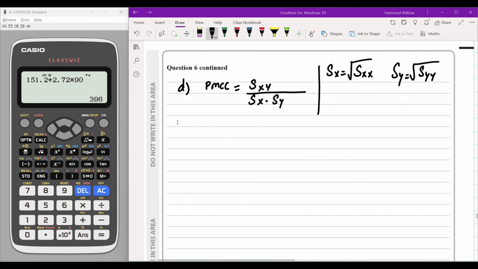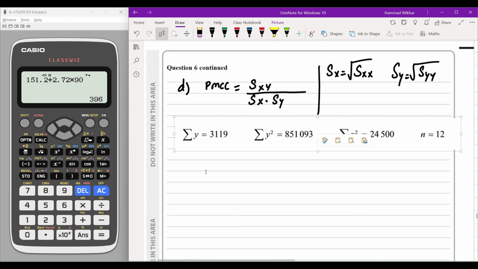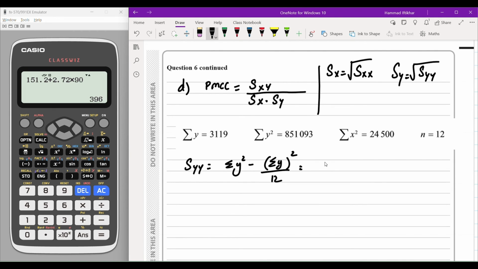So let's just quickly paste that information that we had. Okay, right. We don't have the sigma x, so we can't start with that. We'll deal with it later. So Syy is equal to sigma y squared minus sigma y whole squared divided by 12.